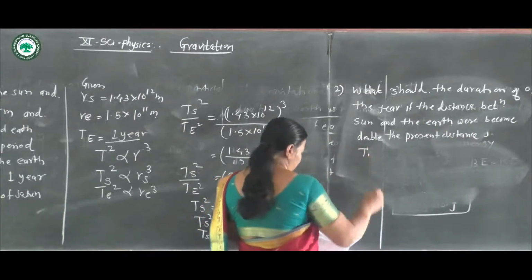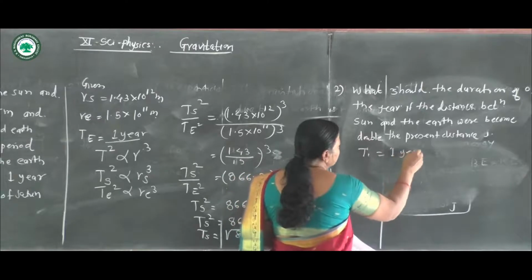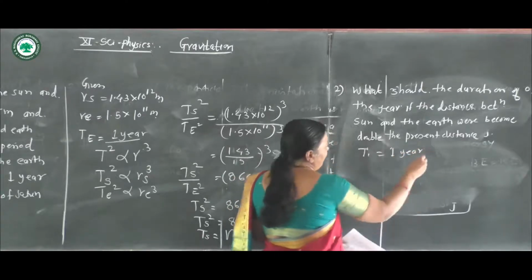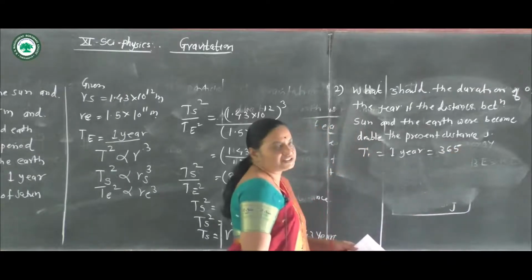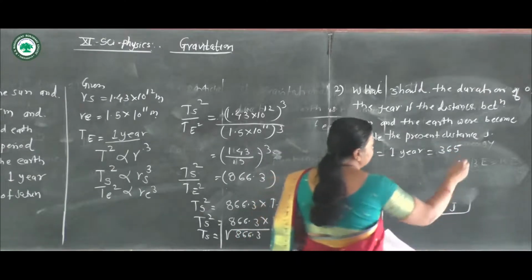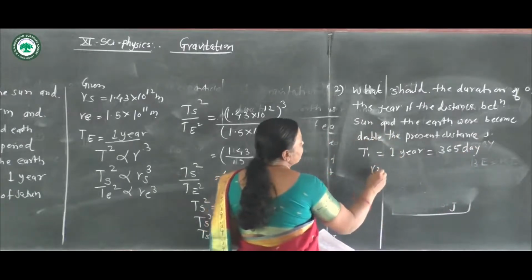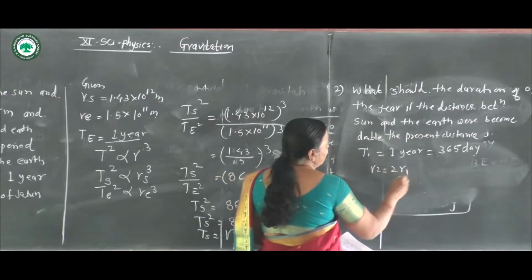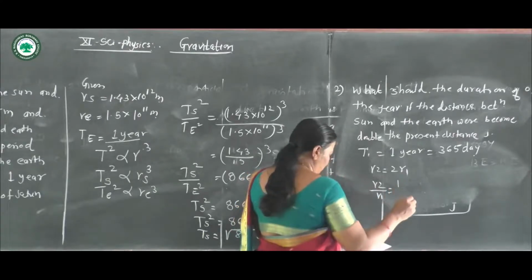T1 is equal to 1 year, which is equal to 365 days, and the radius r2 is equal to twice r1, r2 divided by r1 is equal to 2.